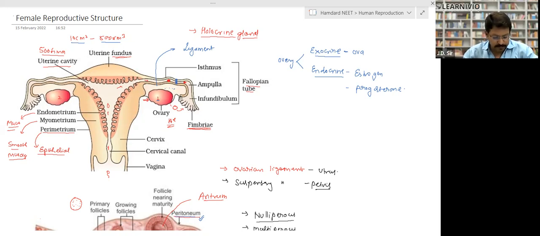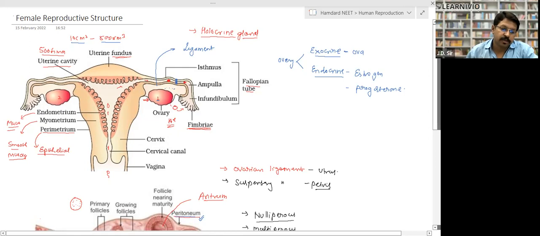Its function is to convey egg from ovary to uterus. So its function is to take the egg and convey it till the uterus, means till this point. So that is the function. Fine. Full stop.